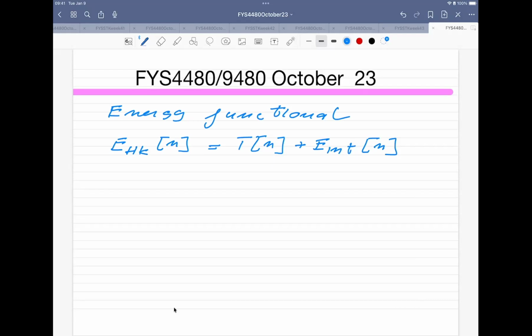Then there is a term which depends on the external potential. So the assumption here is that there exists a density by which you can represent the energy. And I should just say one thing, that in principle here, you should also add spin. So I'm just leaving out the spin degrees of freedom, okay?